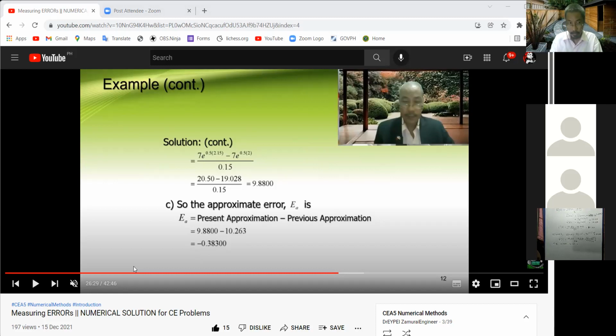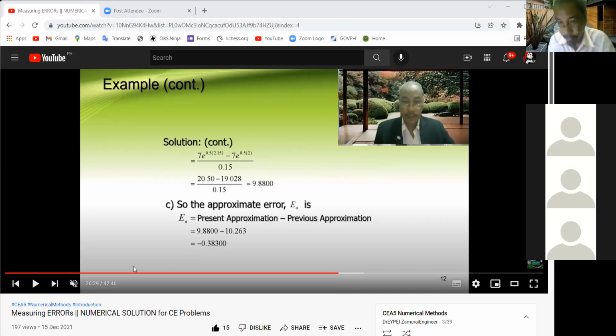So 10.263, and then the answer is negative 0.3833. If we do the 5 significant figures, this is the answer. Look at my hand. The answer is negative 0.38333.